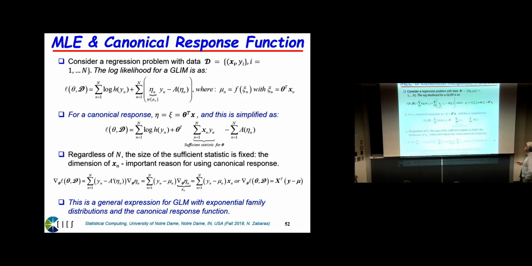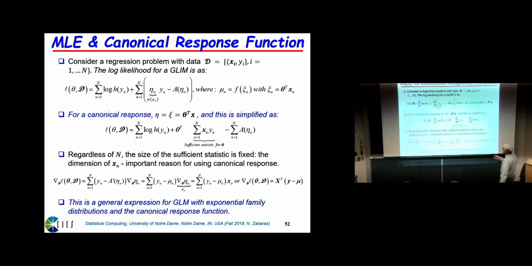So what I do is I write the log likelihood, okay? And remember, we assume that we are playing with the exponential distribution, so the log likelihood looks like this. Does this look familiar to you? From where do I get this? If you remove the logs, what do you get?